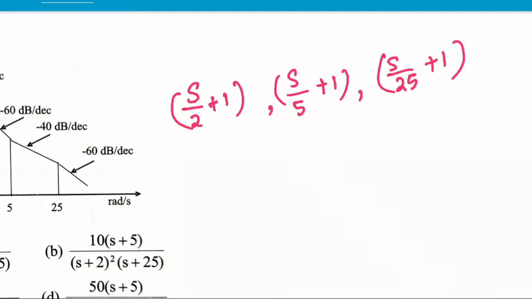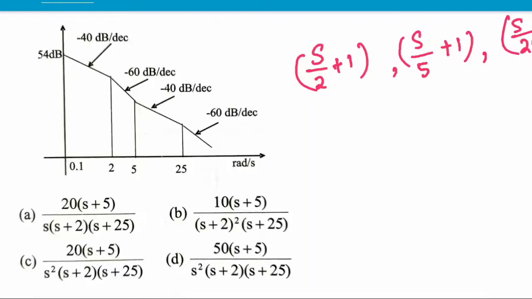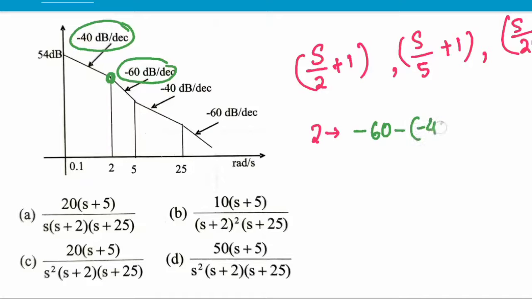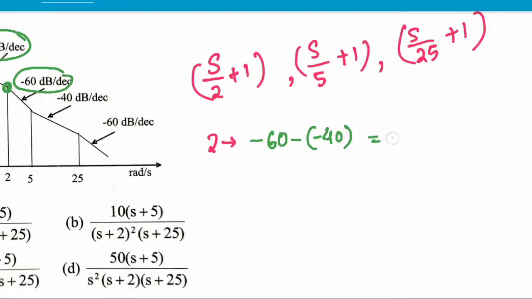For the corner frequency 2, we take the current slope minus the previous slope. The current slope is minus 60, minus of minus 40. So this will be minus 20.